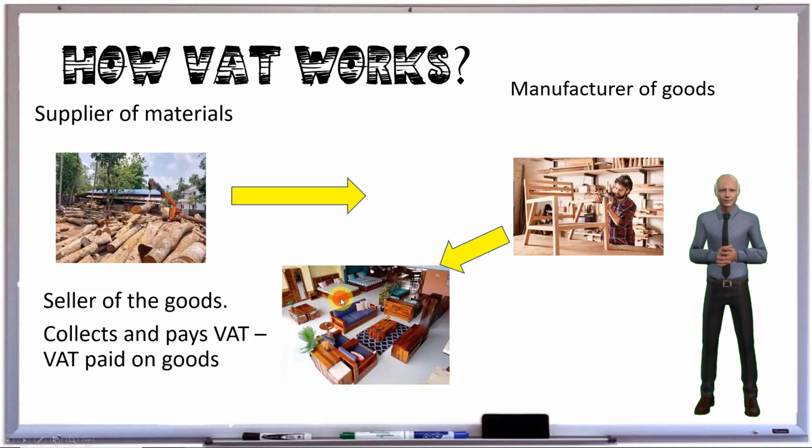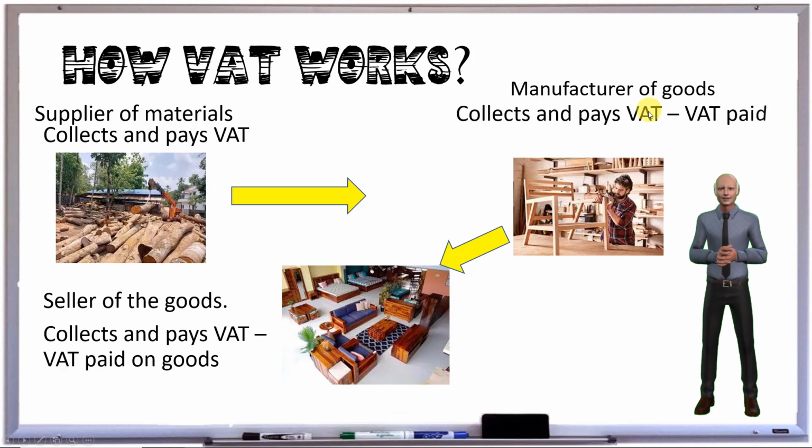But also, you will see now, the supplier collects VAT, the manufacturer collects VAT. Right now, the VAT he collects minus the VAT that he has paid to the material supplier, he pays the difference over to the government.